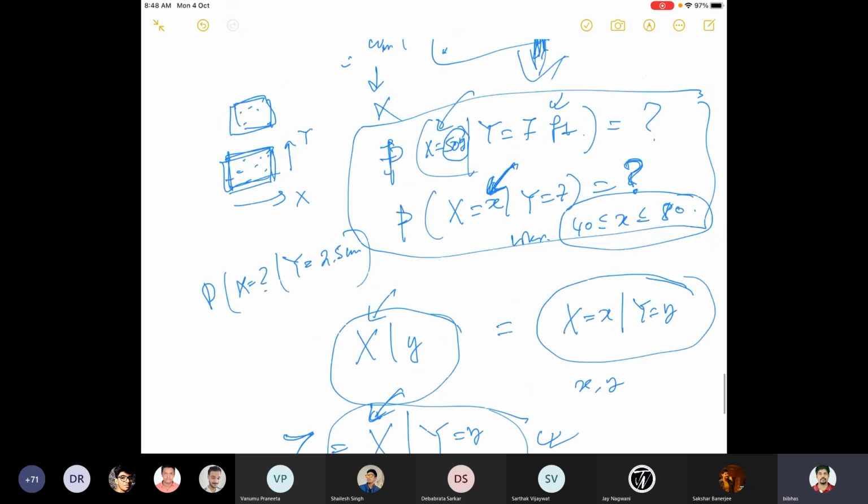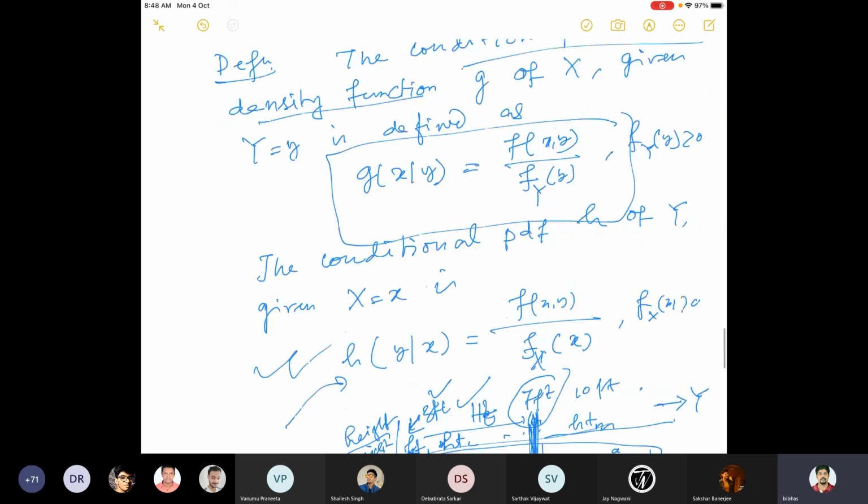But for the time being, what I'm saying here is, if I know the marginal distribution of y and the joint PDF, then I can compute this value, which is called the conditional PDF, the conditional probability distribution. When y is supplied to me, I can find out what is g of x, because this is a function of x, as x is varying here. If you want to pick some particular value of small x, then you can put it here.